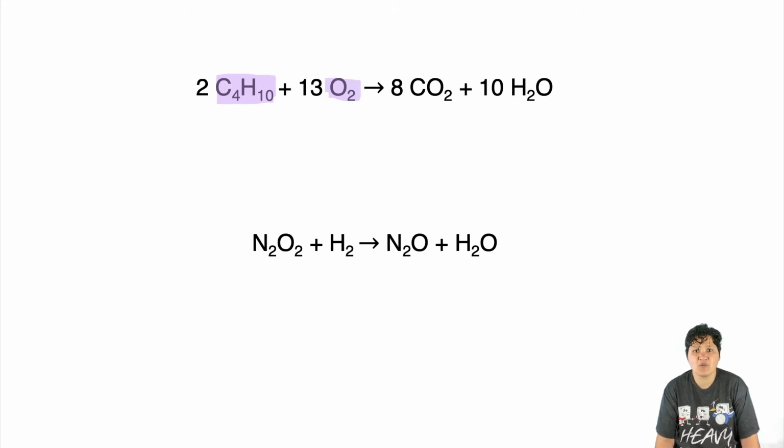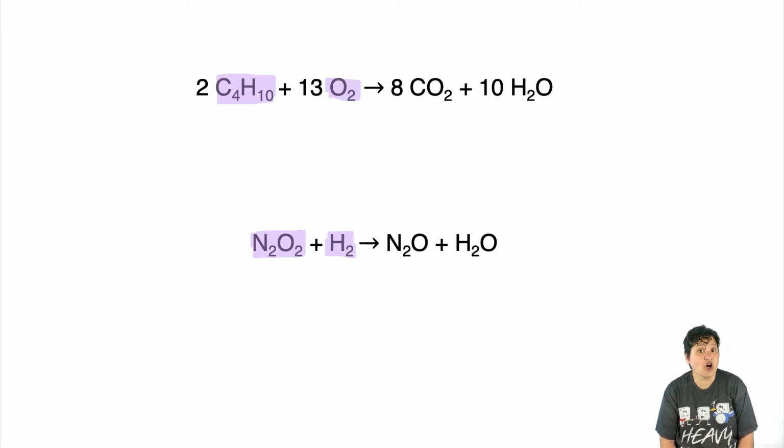This is a simple combustion reaction that has 2 reactants, butane and oxygen. The second reaction has dinitrogen dioxide, N2O2, reacting with hydrogen gas to form dinitrogen monoxide and water. Again, 2 reactants.